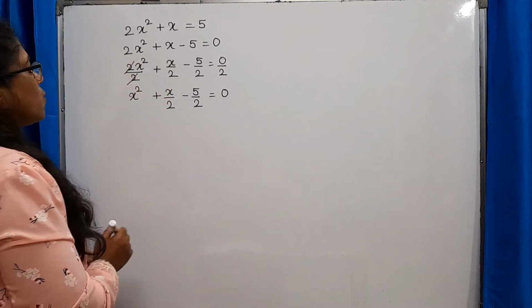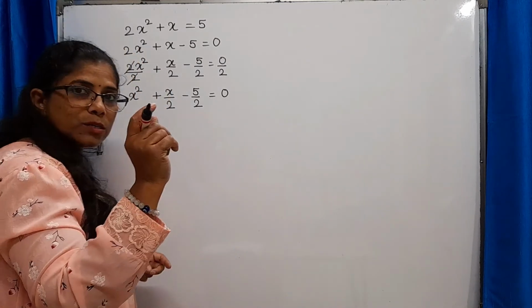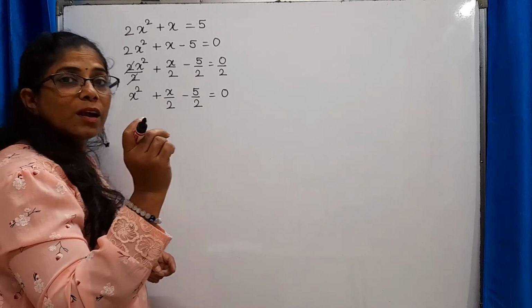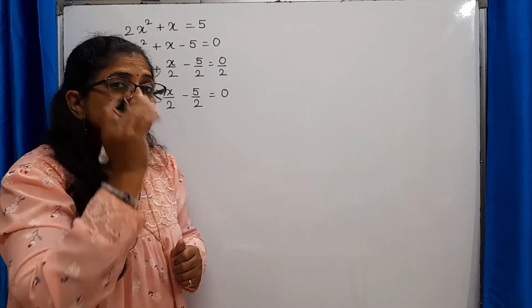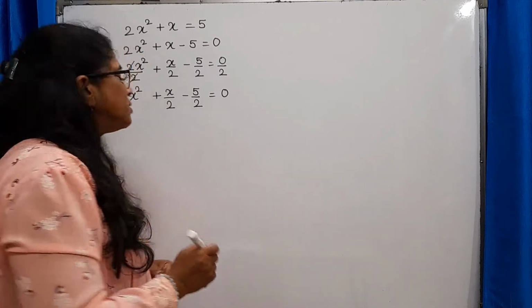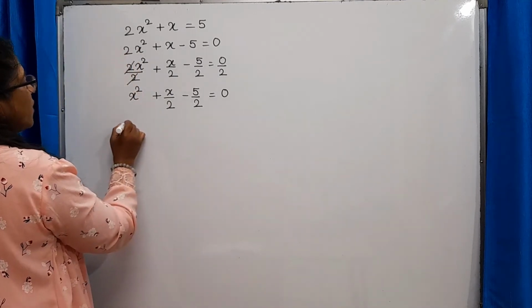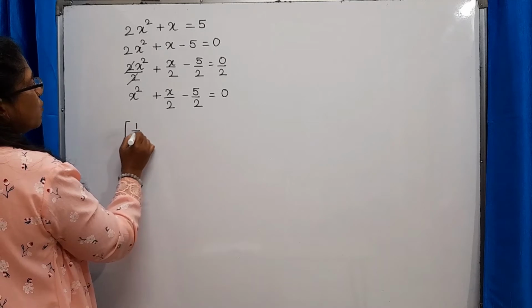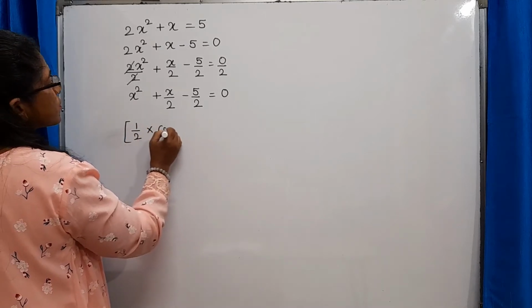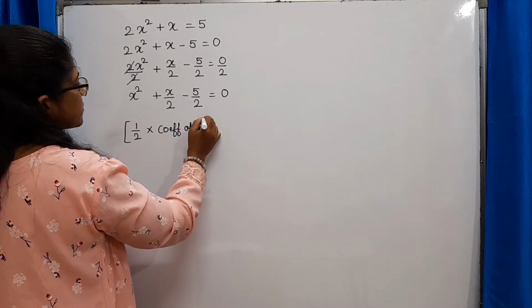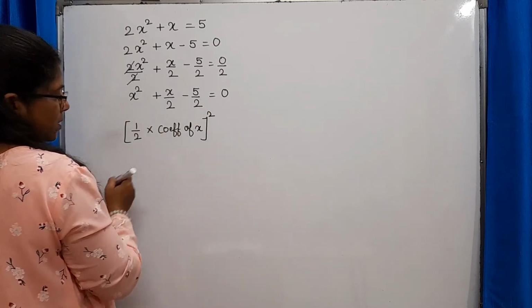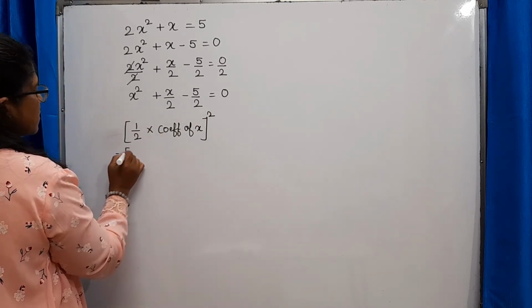Now the next thing, we have to find our one term, which is going to be the last term of the perfect square. Now what is the next step to be followed? What we have to do here? Yes, we have to find the value of half into coefficient of x, the whole square. Let's see what we get here.